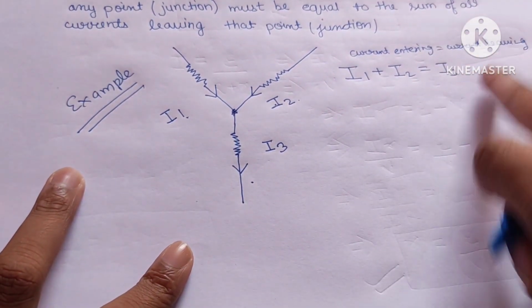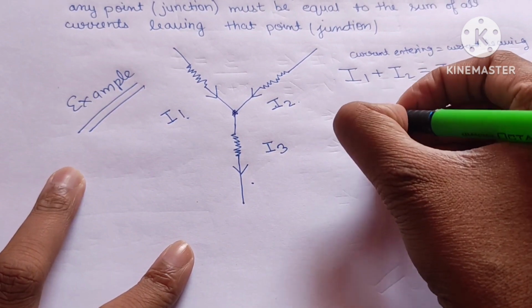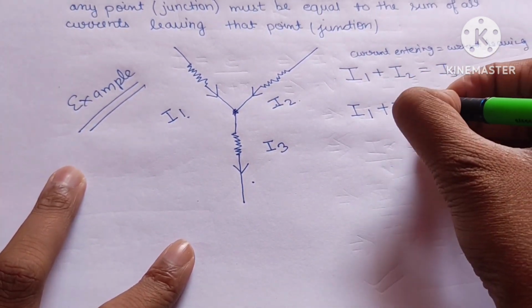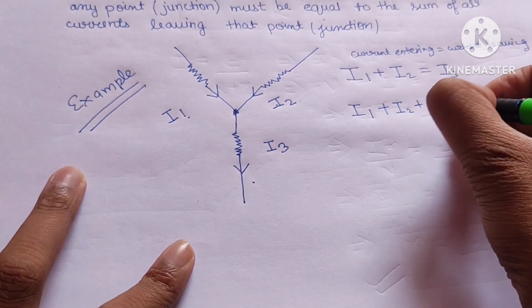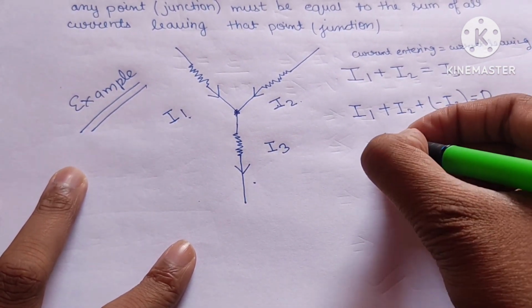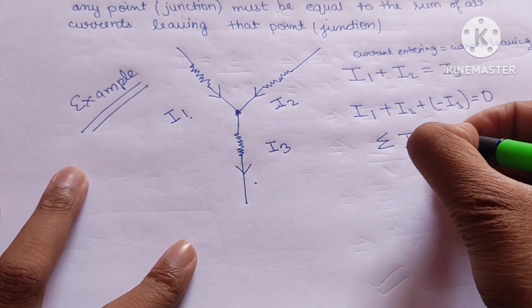So now I will shift I3 to the other side, and it will become the summation of I equal to 0.